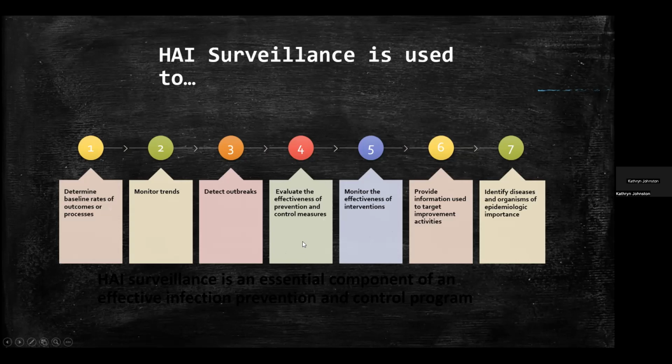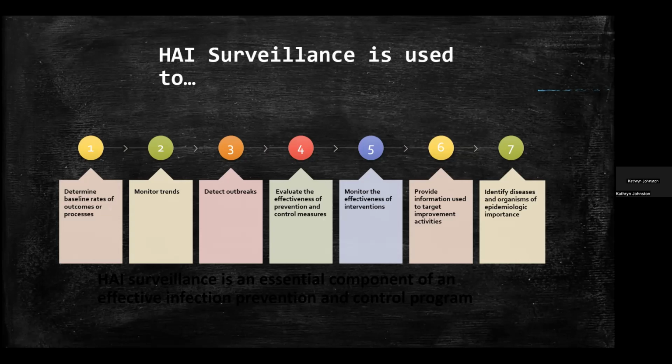It's also important that you use this information to target improvement activities: what intervention should be implemented, and then, looking at it afterwards, the areas where work can still be done or improvements can still be made. And finally, it can be used to identify diseases and organisms of epidemiological importance.